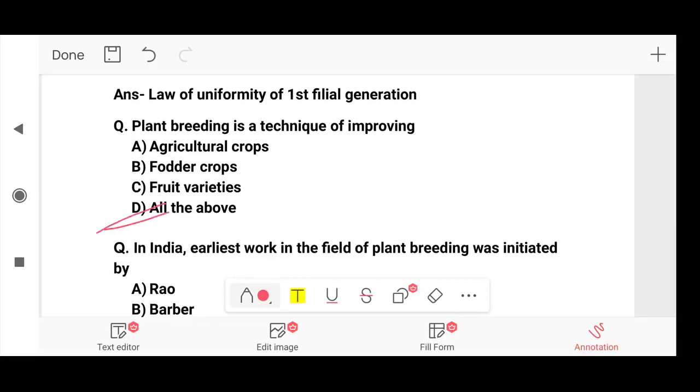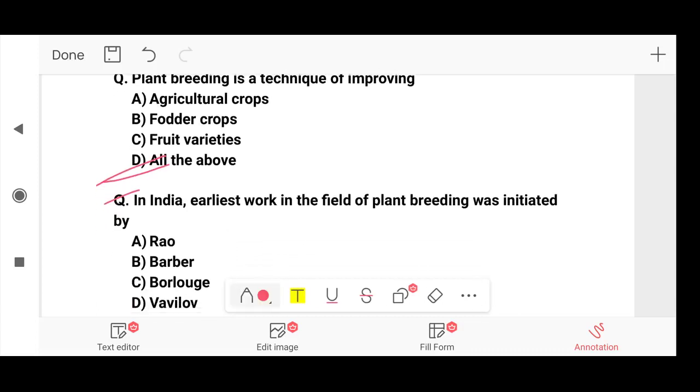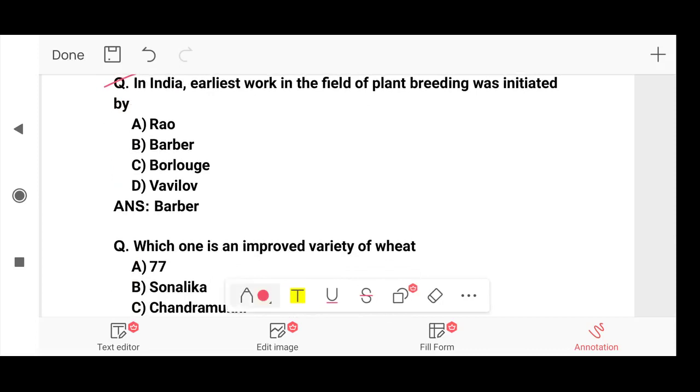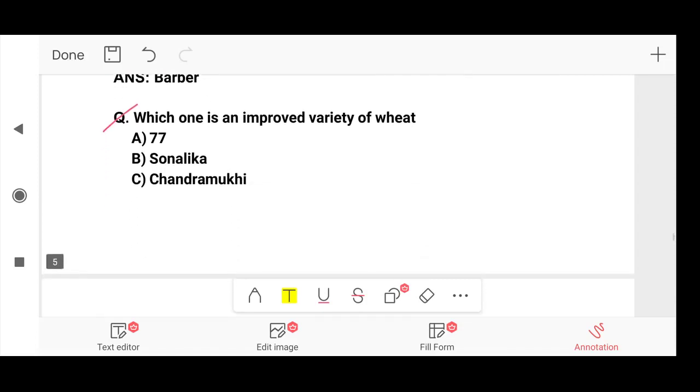Next. In India, earliest work in the field of plant breeding was initiated by, and the options are Rao, Barber, or Vavilov. And the answer is option B, Barber. Next, which one is an improved variety of wheat? Options are 77, Sonalika, Chandramukhi, or Kuber.